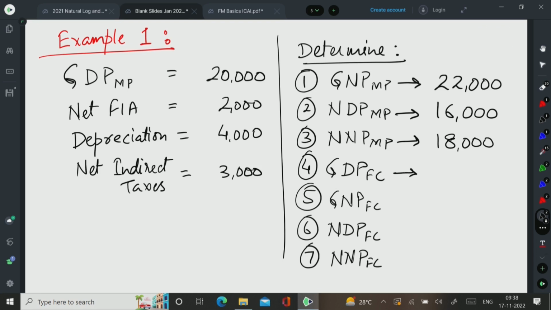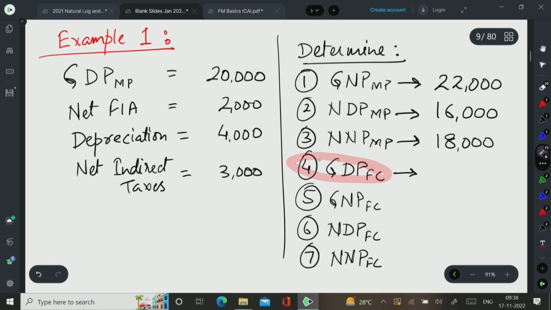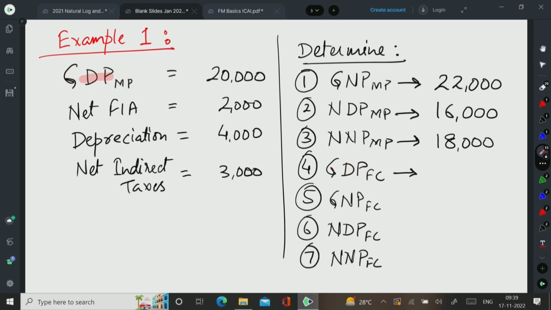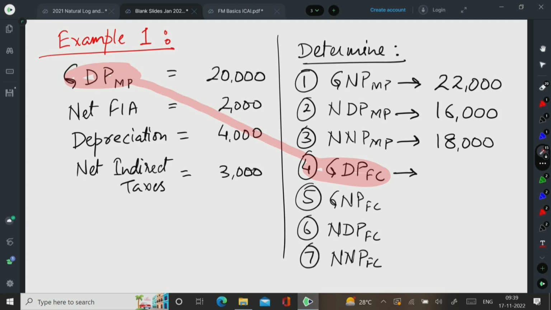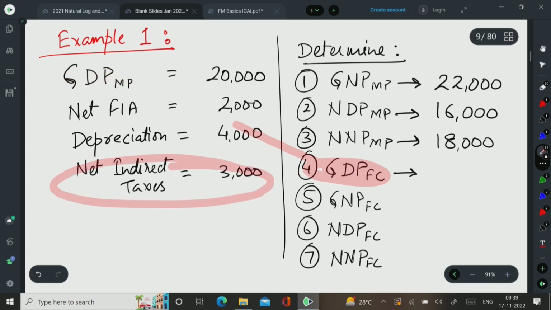Now I want to arrive at GDP at factor cost, correct? Next one, GDP at factor cost. To arrive at GDP at factor cost, I already have the base of GDP at market price. Converting market price base to factor cost, I repeat again, to convert market price base to factor cost, what you need to do is just one thing, that is make adjustment of net indirect taxes.